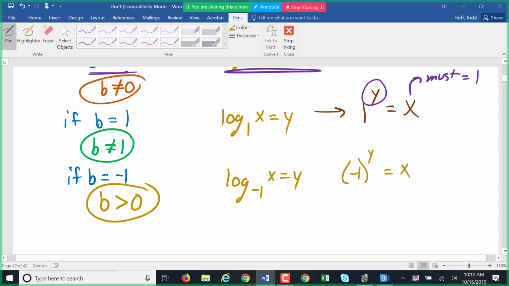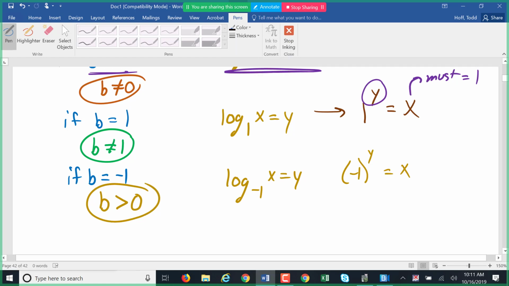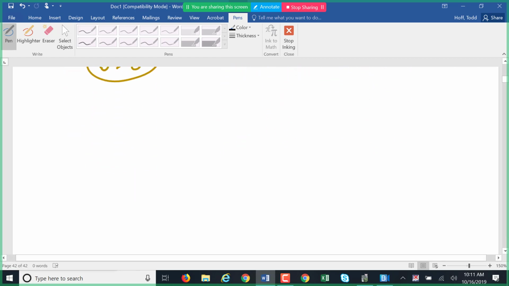So those are our restrictions on b. b must be positive, but it can't equal 1. But b can take on values between 0 and 1. So let's take a look at what happens when b takes on those values.